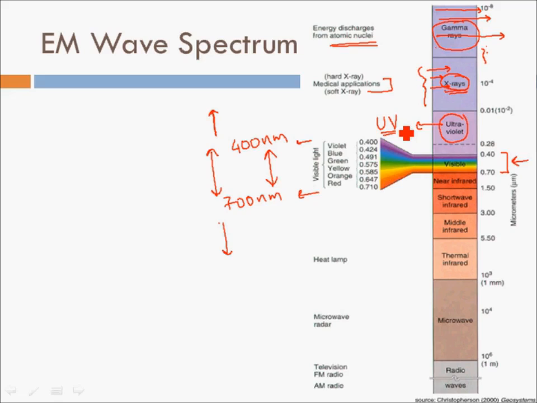Now if you further go on increasing the wavelength, you will start entering the infrared region. This is the IR or infrared region of your electromagnetic wave. Obviously all these regions can be further divided, like infrared is divided into near infrared, shortwave infrared, middle infrared, and even thermal infrared.